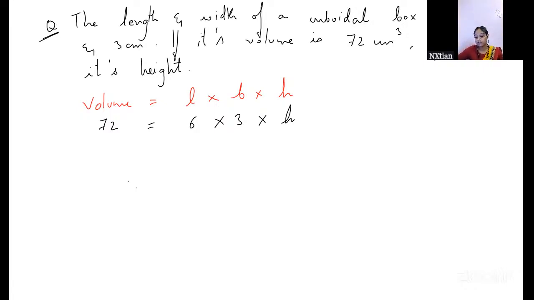We have height we don't know, so we put an h here. Then 72 is equals to 6 into 3 into h. It becomes 18h. Hope all of you are able to find this. Yes, ma'am.